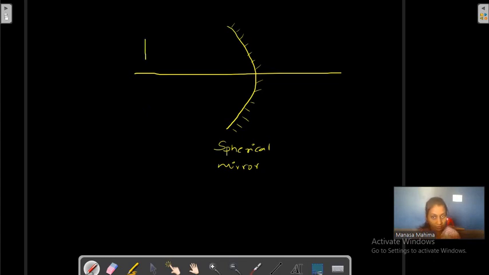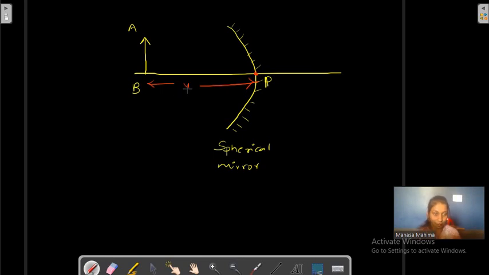I need to consider the object to the left side, right? And what is the distance of this? If I want to measure the distance of this object, I need to measure from the pole, right? So this is how I need to measure the distance of this object from the pole.